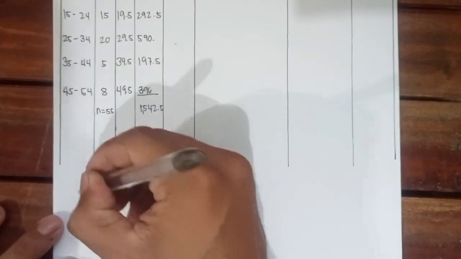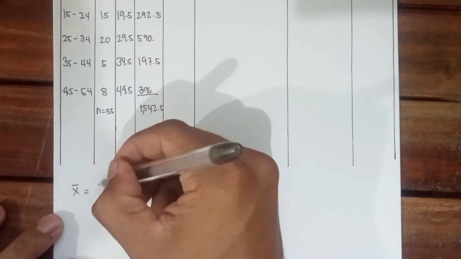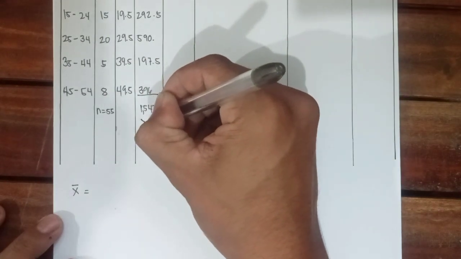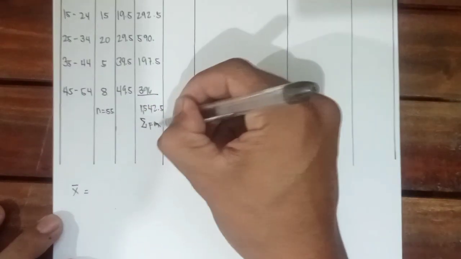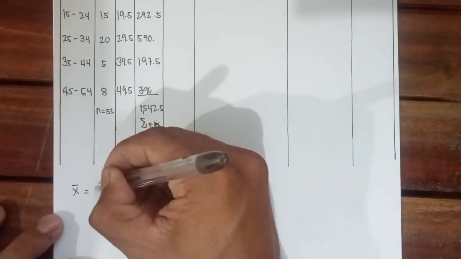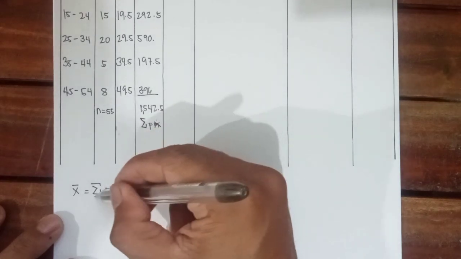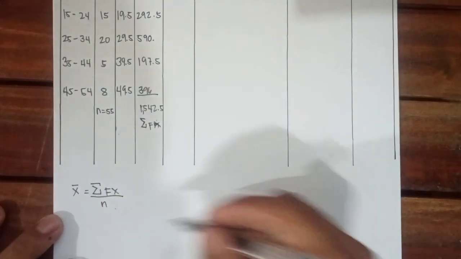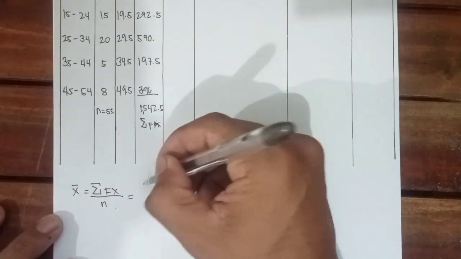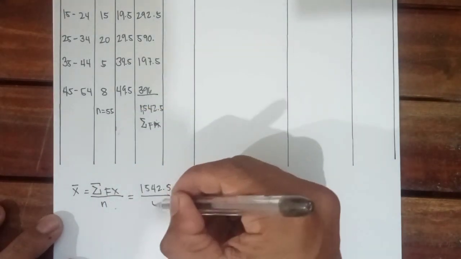So, gagamitin po natin yan para makuha po ang ating x. x or the mean is equal to the summation of f and x over ang ating n. So, this is equal to 1542.5 over 55.